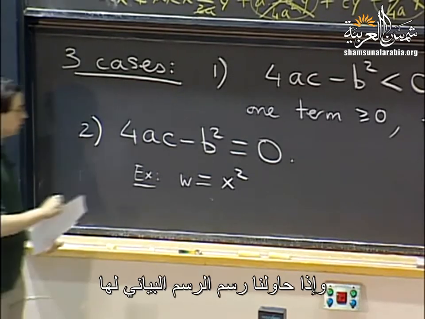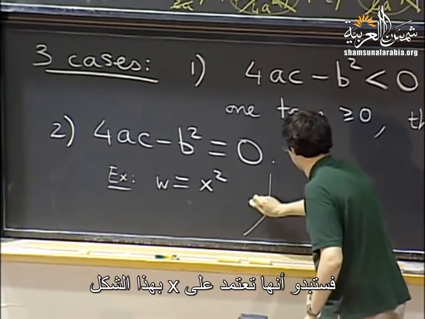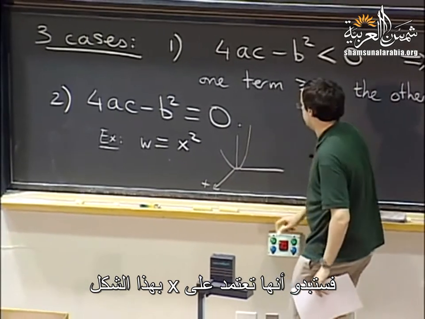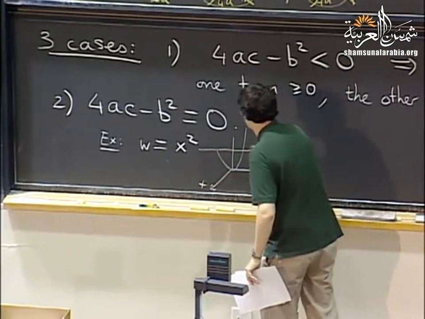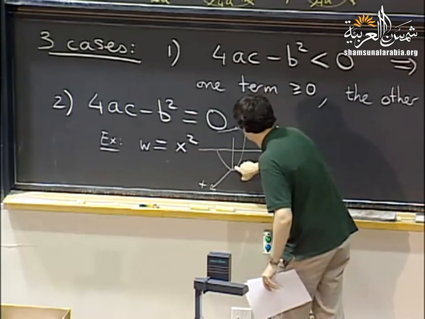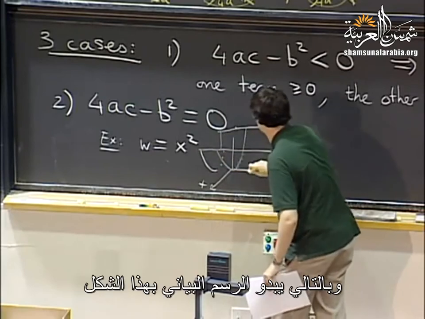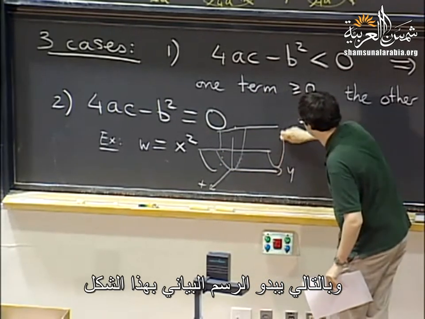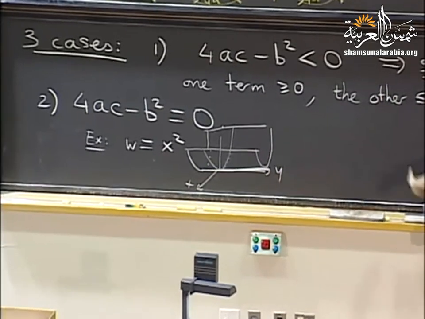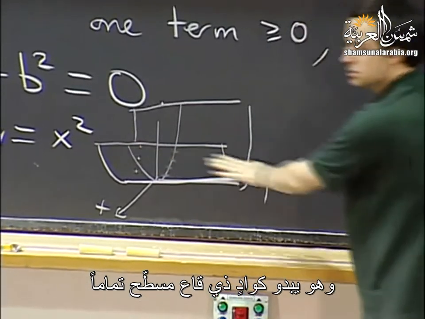And if I try to plot the graph, well, x is here. So it will depend on x in that way, but it doesn't depend on y at all. So what the graph looks like is something like that. Basically it's a valley whose bottom is completely flat.